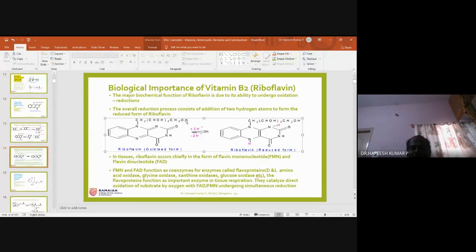If this hydroxy group is attached to the adenine dinucleotide, then it is called FAD. So overall, riboflavin exists as a coenzyme in the form of FMN and FAD, which are required by the enzymes involved in oxidation reductions of the substrate.